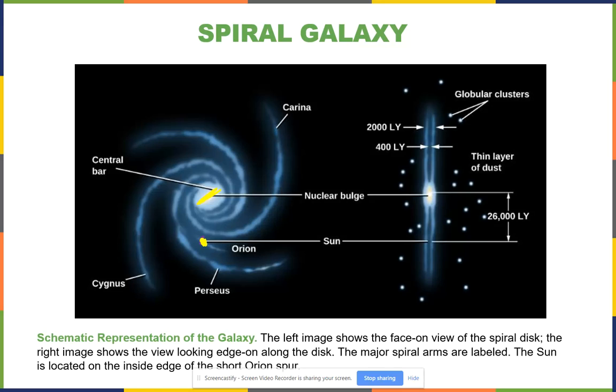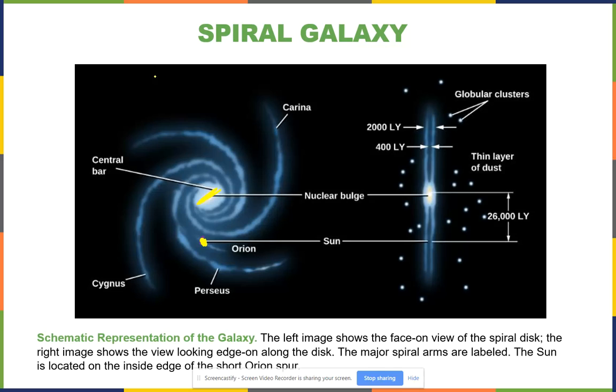That's what I count too from this picture. So it's all of these things wrapped around, so it seems like there should be more. And you'll notice that the Carina and Perseus arms come from one side of the bar, and the Cygnus and unnamed on this graph arms come from the other side of the bar.